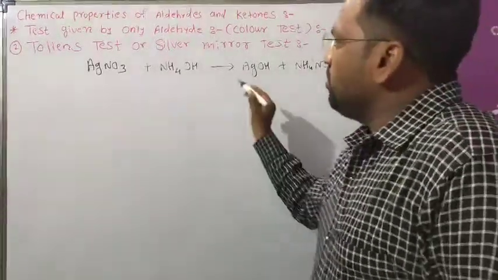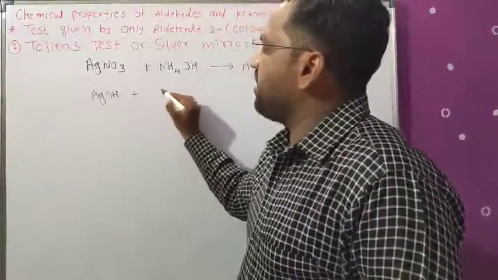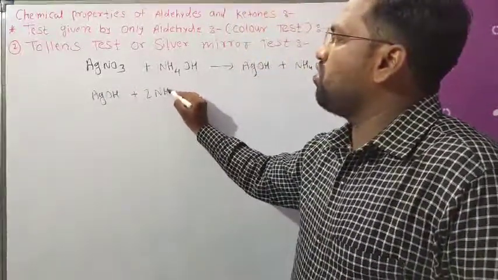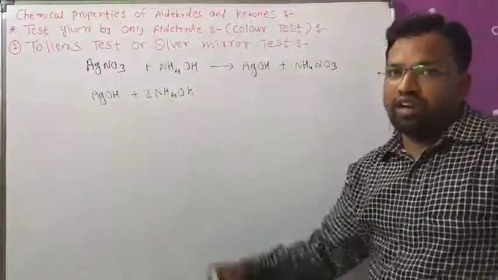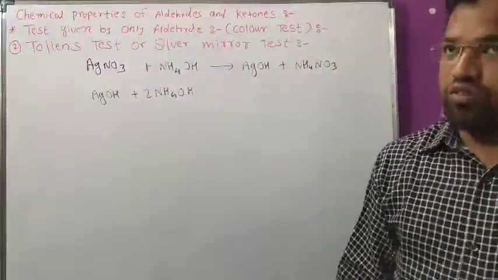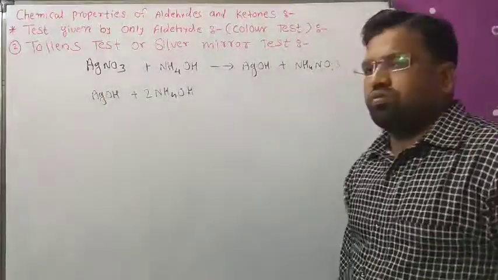Okay, now in the second step, this silver hydroxide again reacts with an aqueous solution of ammonium hydroxide. Instead of ammonium hydroxide, we can also use sodium hydroxide as a base. Okay, we can also take an alkali, that is sodium hydroxide.